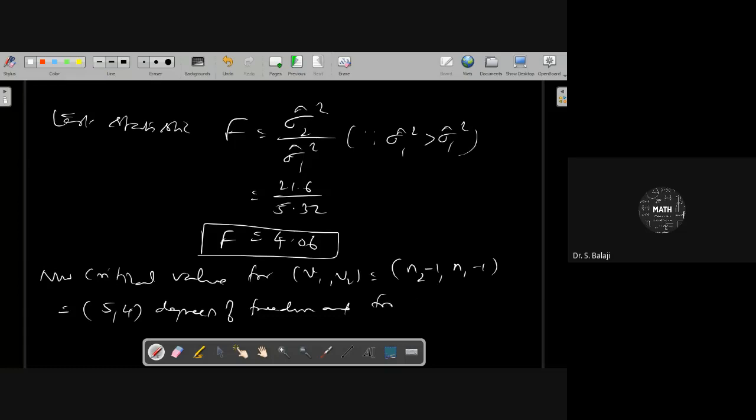For alpha equal to 5% level of significance, with 5 comma 4 degrees of freedom, you see the table here. The numerator is 5, 4 degrees of freedom.